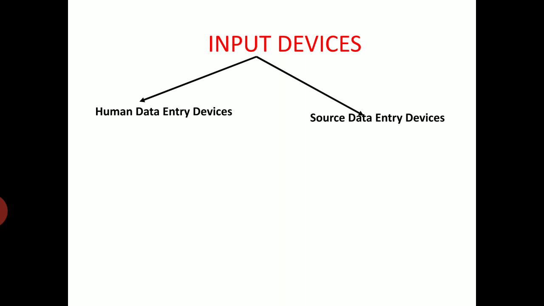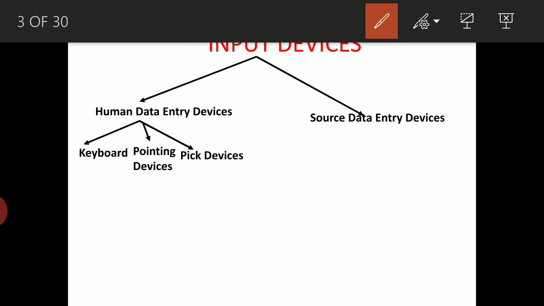One is human data entry devices. The second one is source data entry devices. From the term itself, it's clear that human data entry requires the interaction of a human and the computer. But in the case of source data entry, human interaction is not needed.